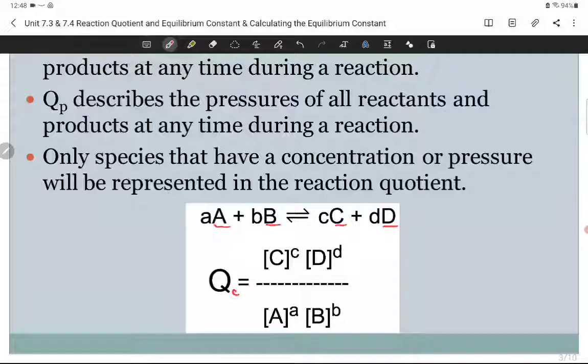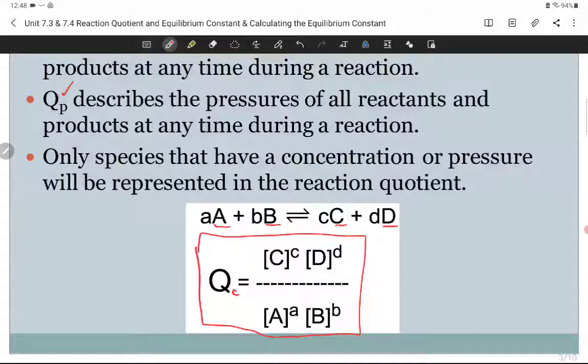But brackets means concentration, and then whatever coefficients there were in the balanced chemical equation, those are raised to the power of. If it doesn't have a concentration, or in the case of the QP, if it doesn't have a pressure, it just doesn't belong. There's no way to put those into this formula here.